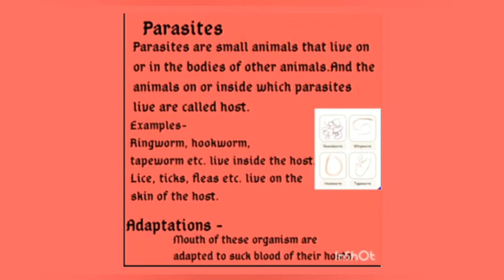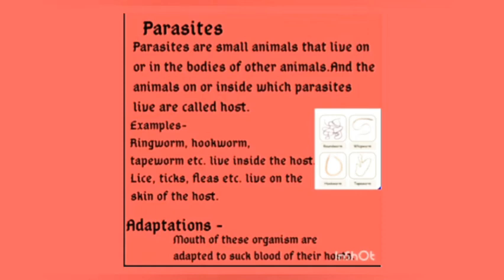And parasites like lice, ticks, fleas, etc. live on the skin of their host. Kids, these parasites stick to the body of animals like dogs, cows, buffaloes, etc. And then they start sucking blood from these animals.